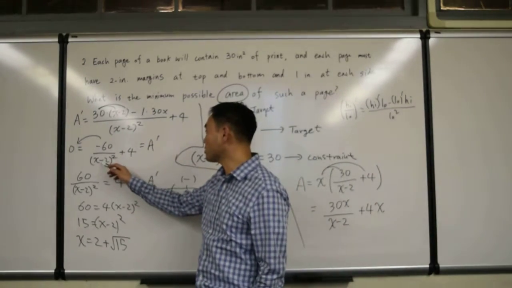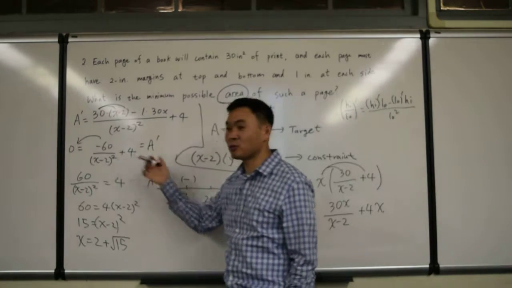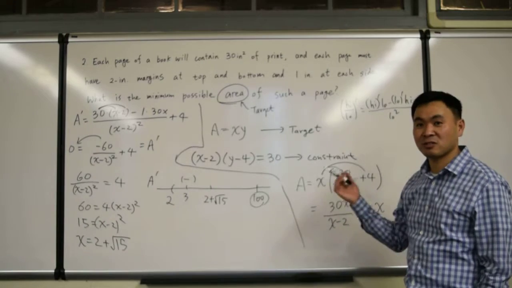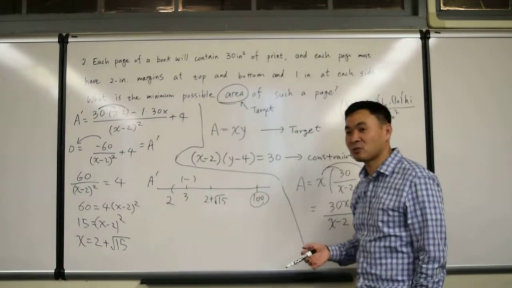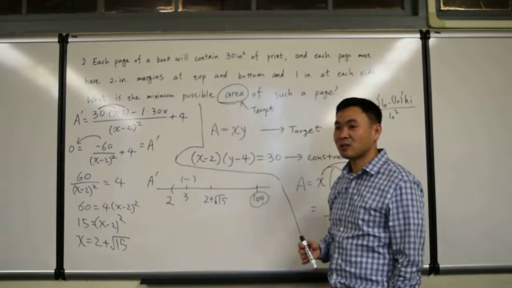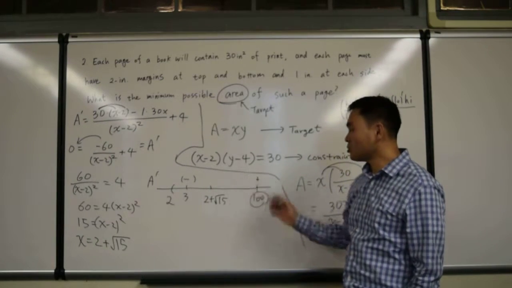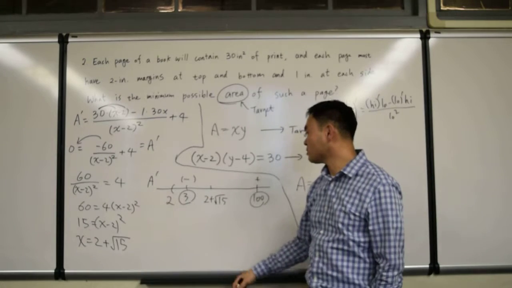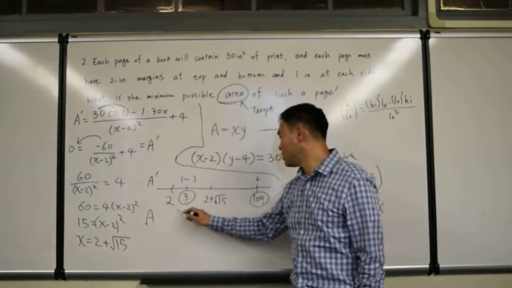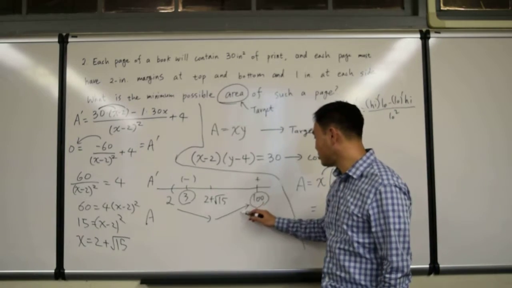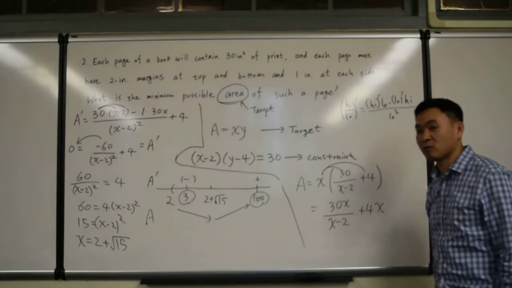If you put 100, this is very, very small, right? 100 squared is like 10,000. So 4 minus 60 over 10,000 or something like that is going to be still positive, right? So you have a positive here. And these two test points tell us that A decreases before 2 plus square root of 15 and increases after 2 plus square root of 15.